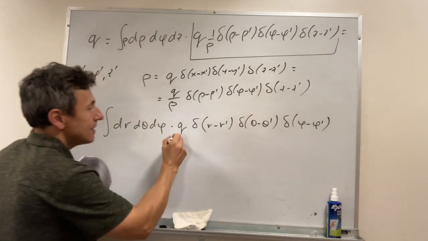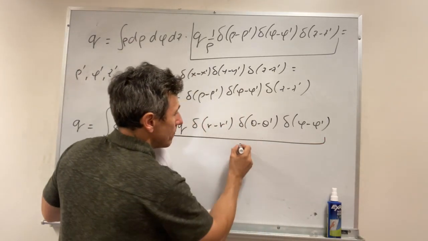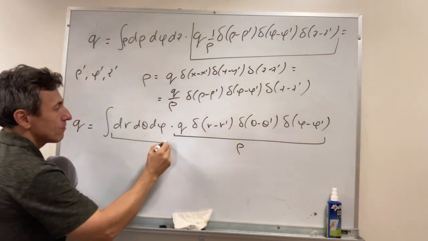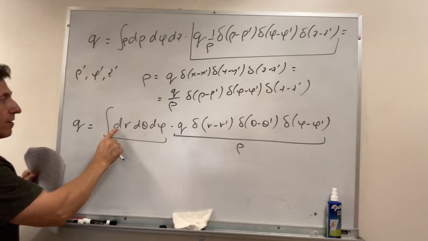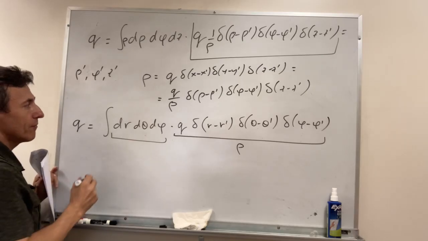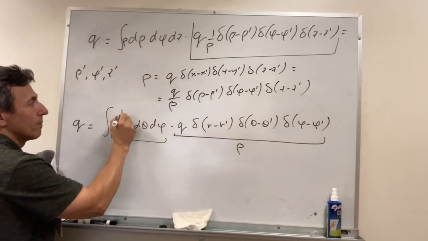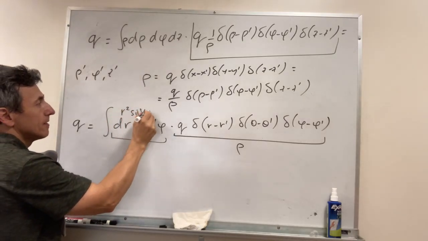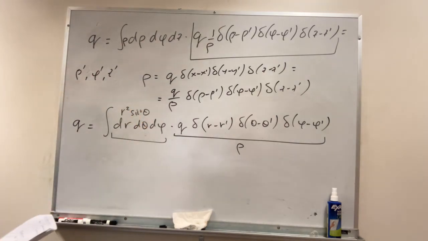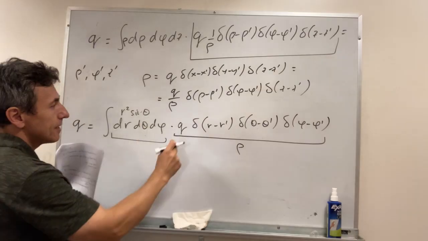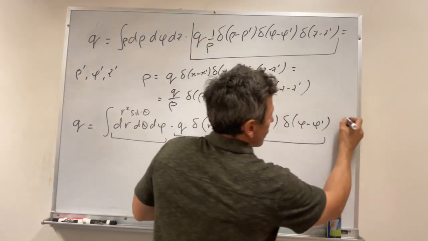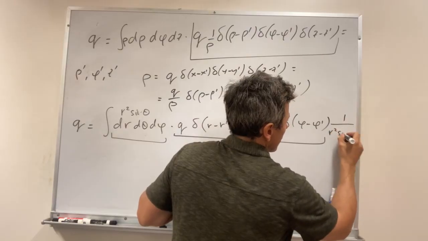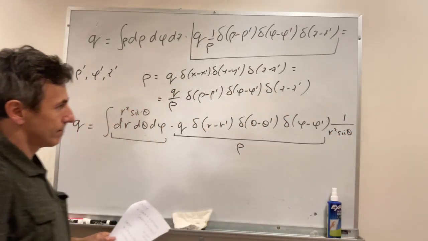So it will be the charge density, and this should be the element of the volume in spherical coordinate system. But this is a wrong expression, so we need to introduce some extra factors here to make it the element of the volume: r squared sine theta. So it means that in this case we need to divide by r squared sine theta to make it an identity. So we need to introduce this extra factor r squared sine theta.